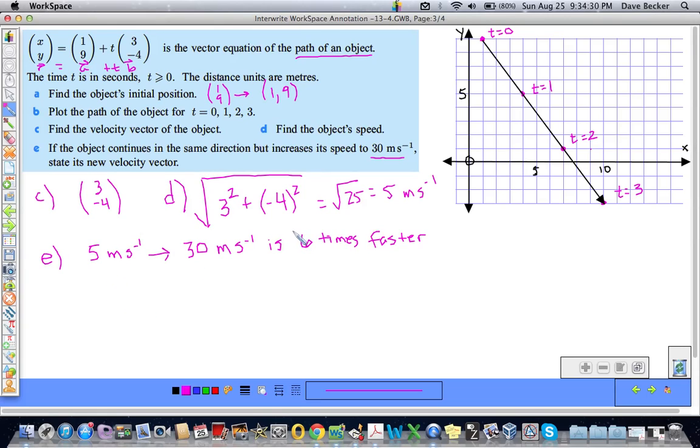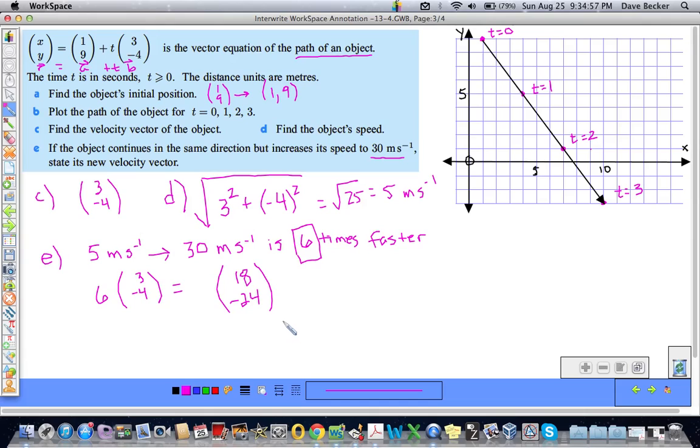Well, all I have to do, and it makes perfect sense, is my velocity vector must increase by 6 times as well. It must be 6 times as great. So I just have to take 6 multiplied by 3, negative 4, and that gives me the new velocity vector of 18, negative 24.